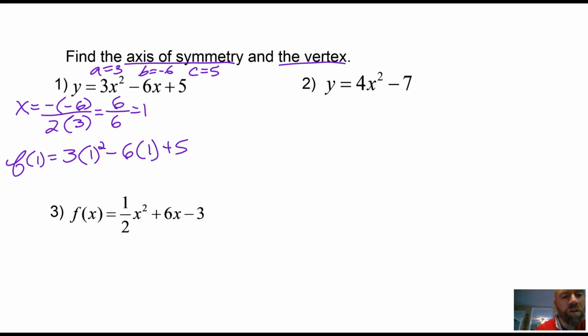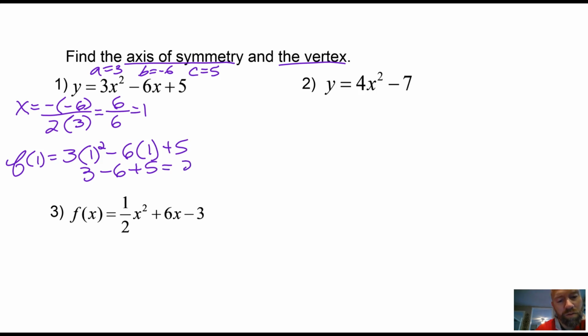Then you have to do your order of operations. 1 squared is 1, 1 times 3 is 3. Negative 6 times 1 is negative 6, and plus 5 is still there. So we've got 3 minus 6, which is negative 3, plus 5, which is equal to 2.